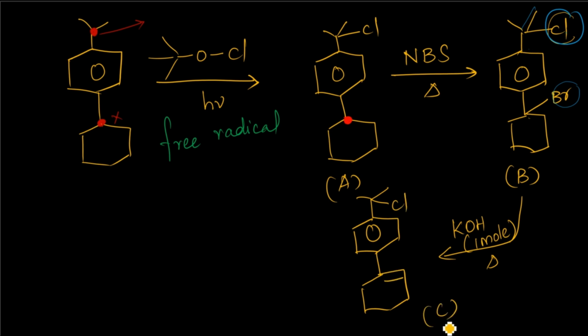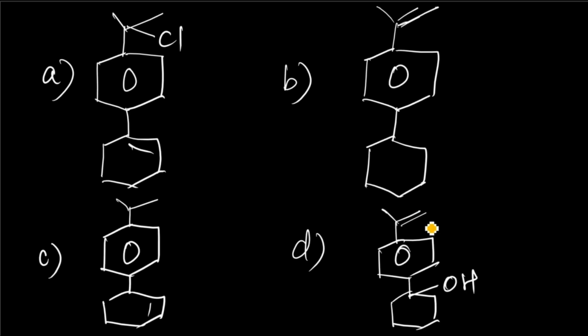Okay, so this is our C. So this is the question. So let's see the options as well, which will suit our answer. So option A suits the answer we have, which makes it the correct answer.